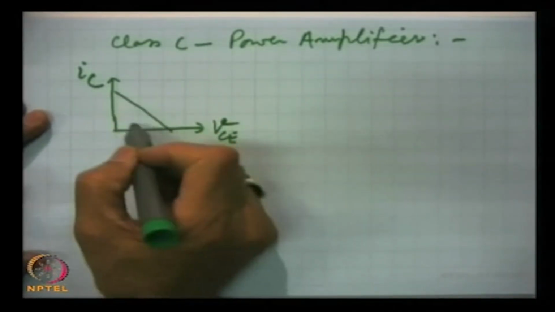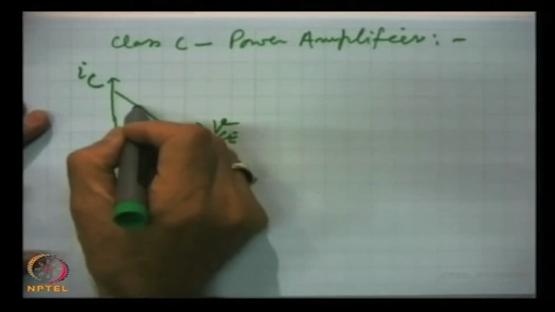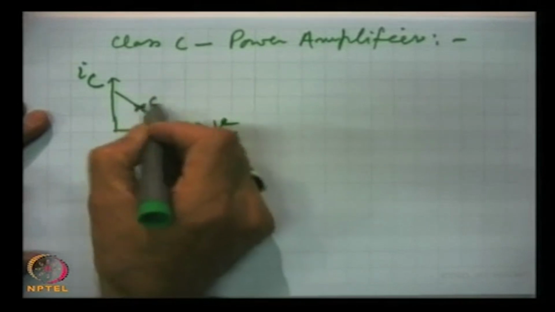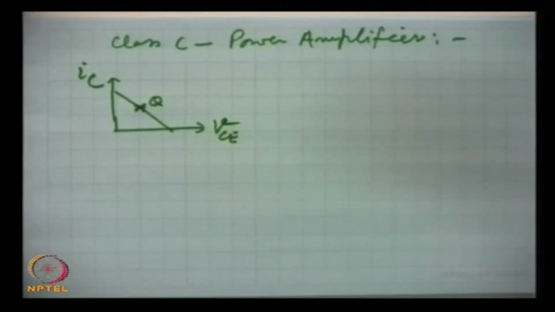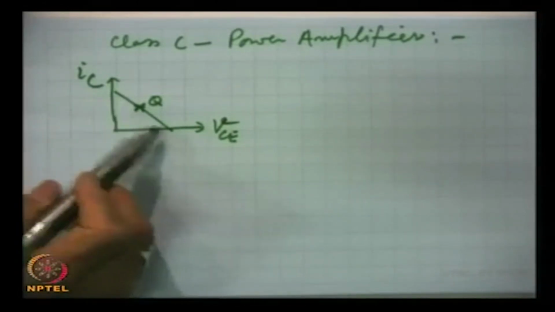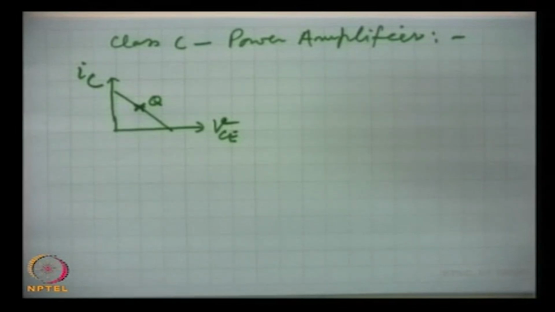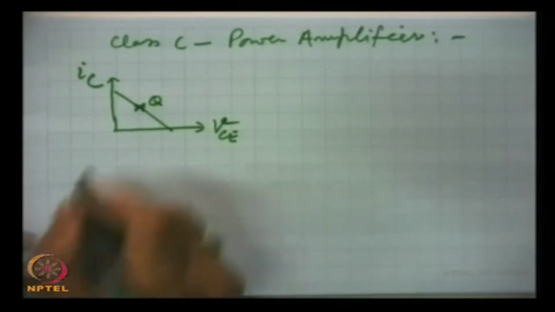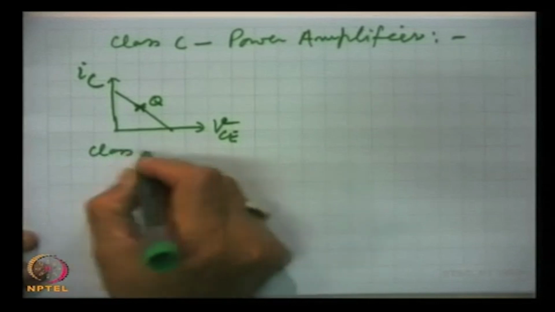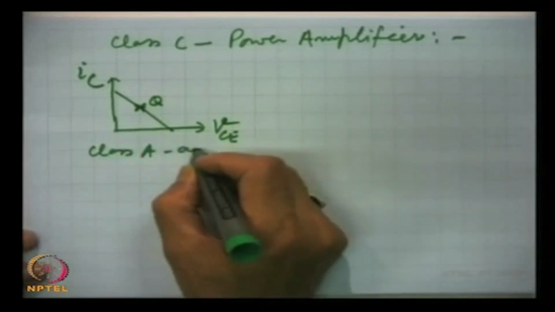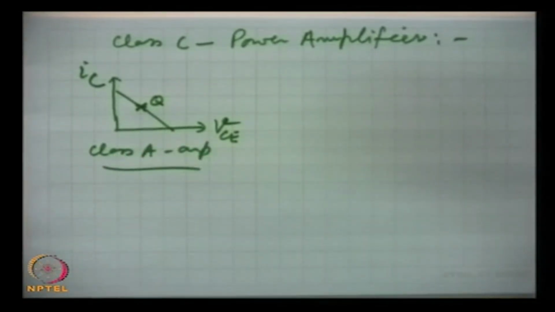This is the AC load line, and we chose the operating point in the center to make maximum use of the maximum swing of the currents and voltages. This was the class A amplifier, class A power amplifier.